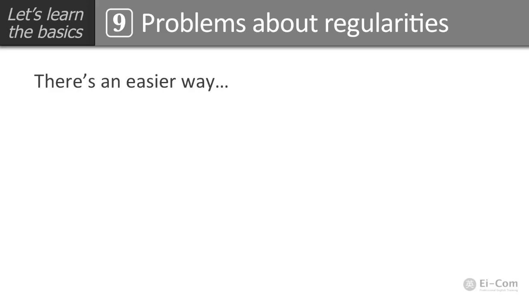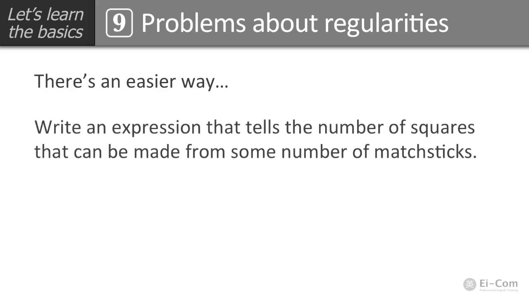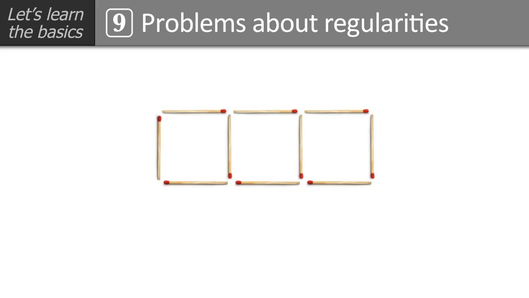There's an easier way. First, we will need to write an expression that tells the number of squares that can be made from some number of matchsticks. We will use n to represent the number of squares. Let's look at a simple example. Here are 10 matchsticks.